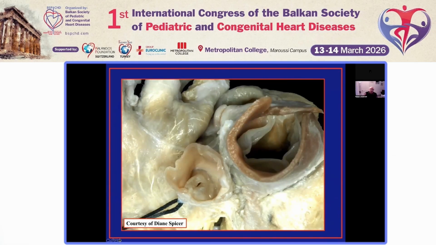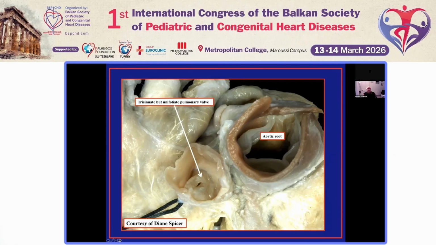So here is a beautiful example of a stenotic pulmonary valve in the setting of transposition. This beautiful picture again taken by Diane Spicer. So now in the setting of transposition, we find the aortic root anterior and right-sided, but look at this pulmonary root.